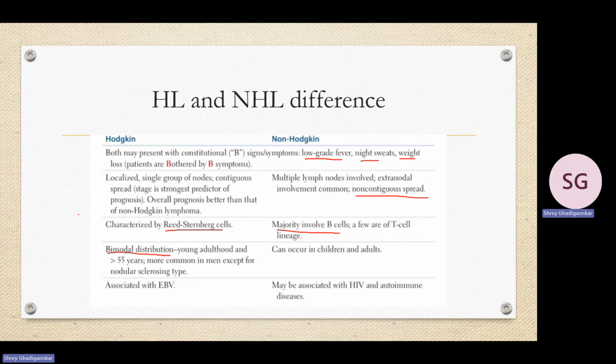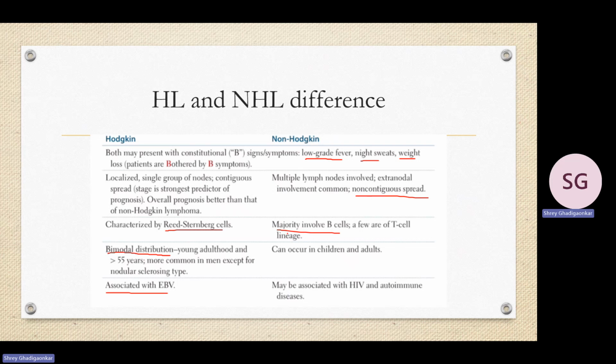For instance, in Hodgkin's, it's usually a bimodal distribution, involving young adulthood as well as people over the age of 55 years. In non-Hodgkin's, it may occur in children and adults. And Hodgkin's, as mentioned, is associated with EBV, and in non-Hodgkin's, there may be association with HIV as well as certain kinds of autoimmune diseases.